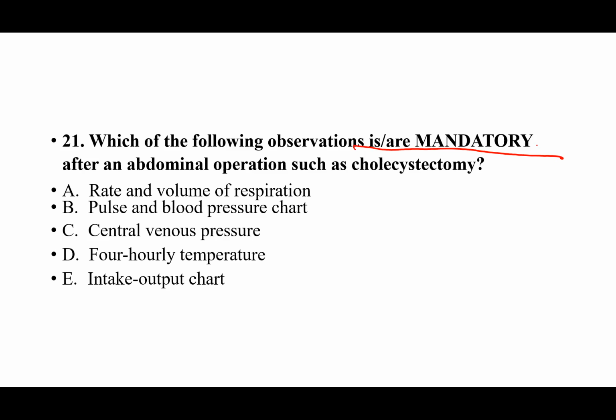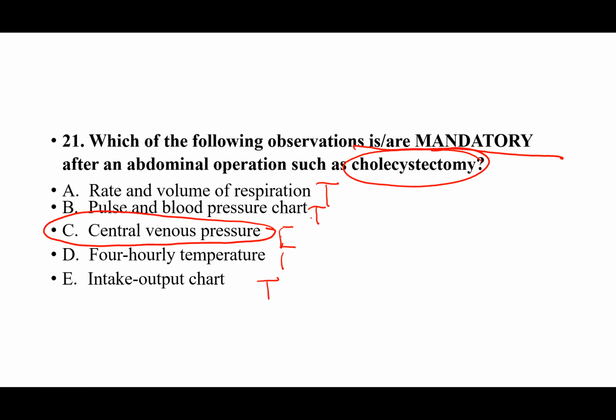Mandatory. The only one that is not mandatory here is this. So this is true, this is true, this is true, this is true. This is a major operation. This is not mandatory, this is false.